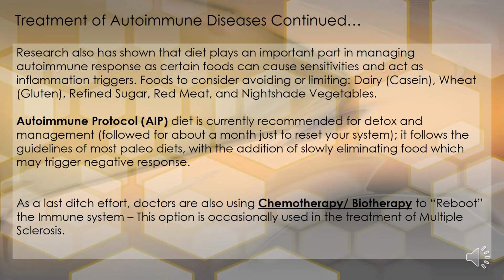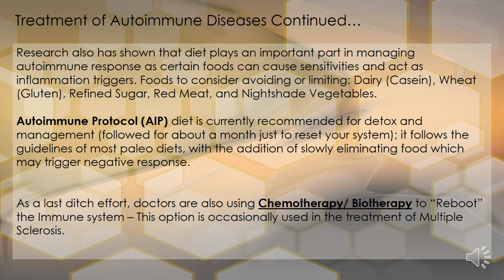One of the diets for autoimmune people to follow is actually called the Autoimmune Protocol Diet, or AIP. It is another take on the paleo diet that helps you to very slowly eliminate foods which may act as triggers. And it's only recommended short term as a detox. You just usually follow for like a month or two to reset your immune system.